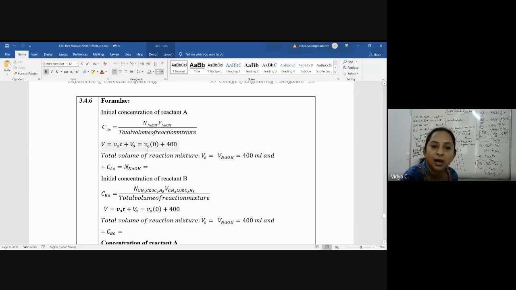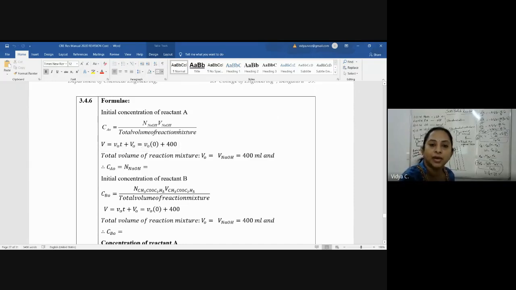Initially, I have only 400 ml of NaOH. No reactant has come yet, though I have started the stopwatch, and even when it comes, whatever B enters in milliliters, compared with this 400 ml, will be negligible at t equal to 0. Mathematically also, the capital V will be 400 only.